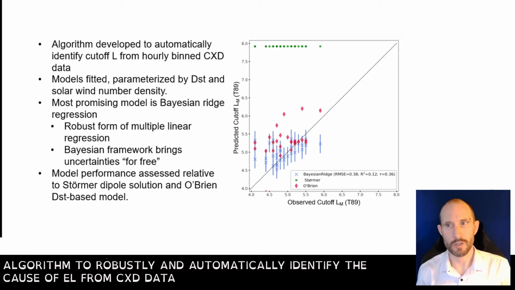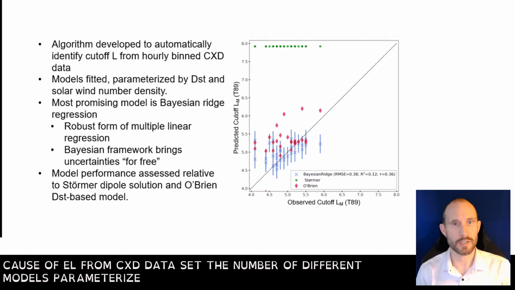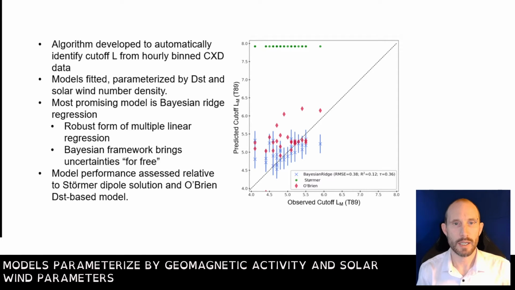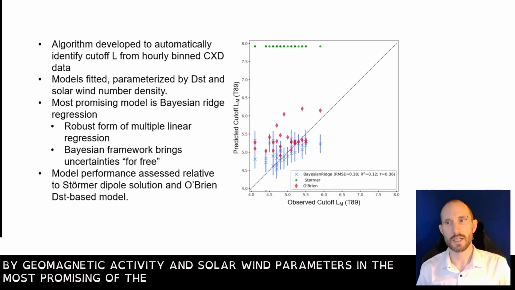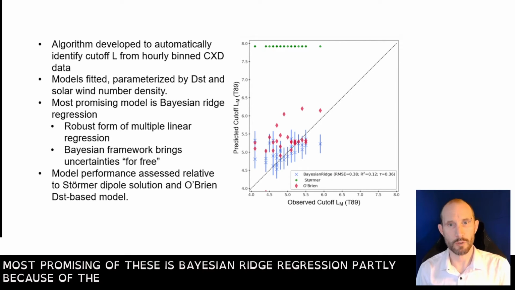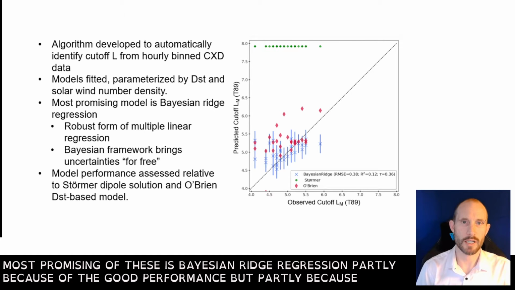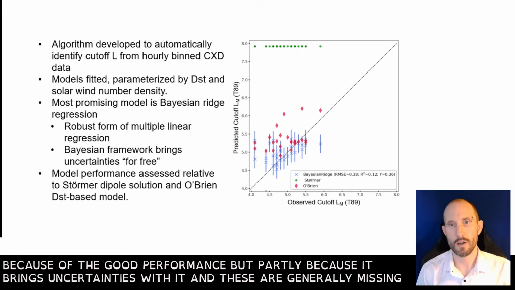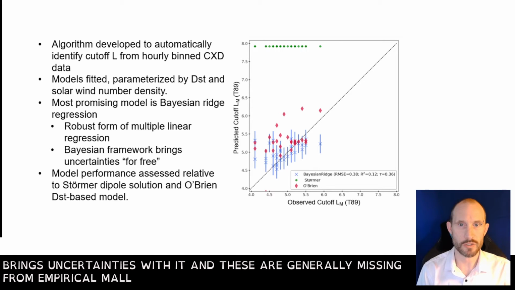We fit a number of different models parameterized by geomagnetic activity and solar wind parameters. And the most promising of these is Bayesian ridge regression, partly because of the good performance, but partly because it brings uncertainties with it. And these are generally missing from empirical models of cutoff.